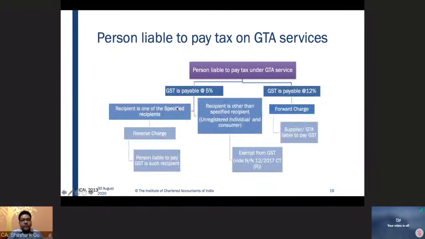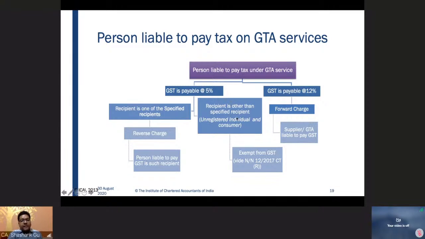However, if this is not the case, then in another case, that is the case of reverse charge, GST is to be paid at the rate of 5%, wherein if recipient is one of the specified recipient, that is factory, cooperative society, partnership firm, company, here reverse charge will be applicable and person liable to pay GST will be such recipient.